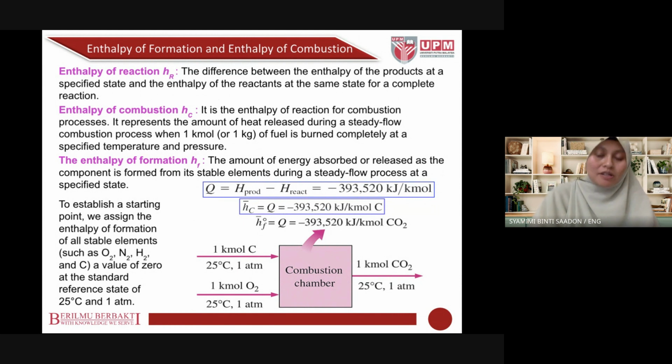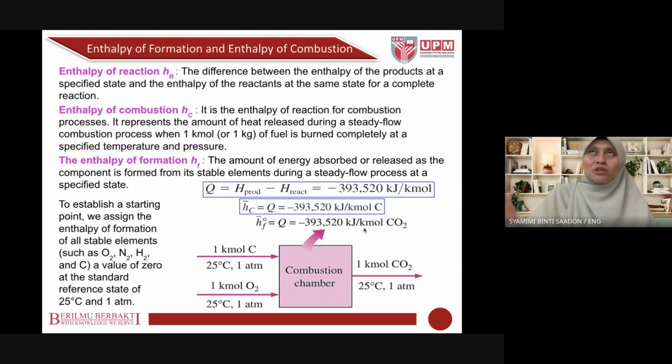combustion process, we have what we call the enthalpy of formation at the reference point, which is noted HF. Reference point is noted with this symbol 0 or O, meaning this is at a reference point, and the bar on top means that the enthalpy is in kilomole.